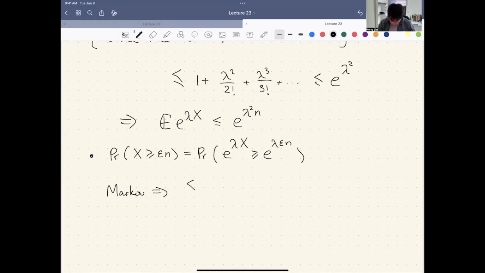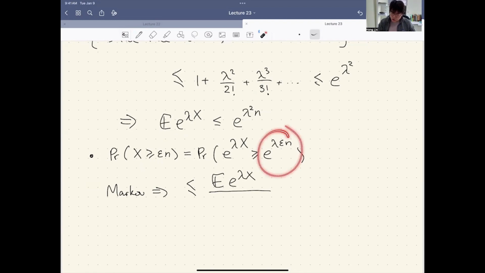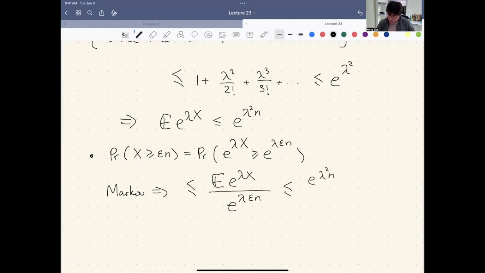Okay, so this is at most by Markov expectation of this guy, which is just the exponential moment, divided by this deviation. So we have e to the lambda epsilon n, which is at most e to the lambda square n minus lambda epsilon n.